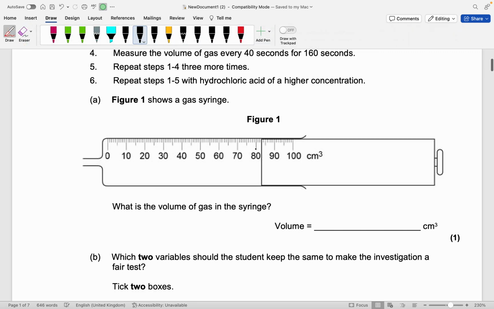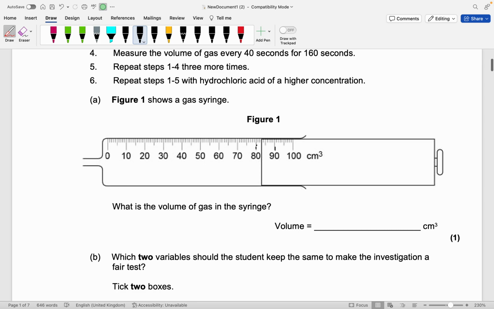We can see that this here is 80, and this one here is 90, and we've got 1, 2, 3, 4, 5, 6, 7, 8, 9 little markers between there. So that means we've got a value of 10 between 80 and 90.